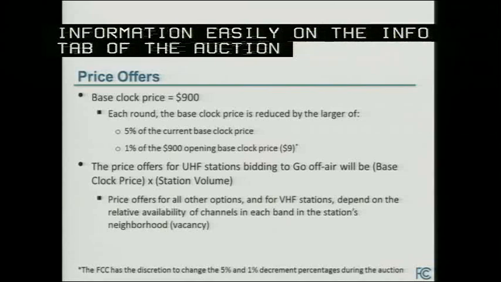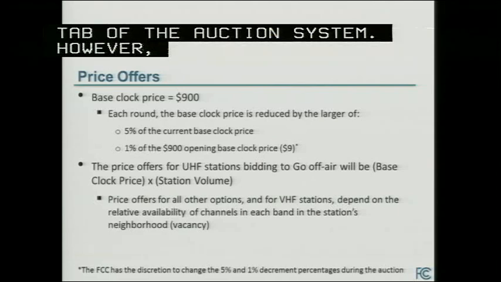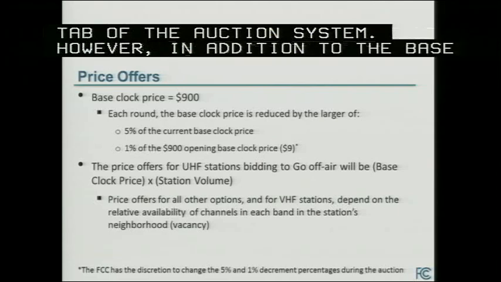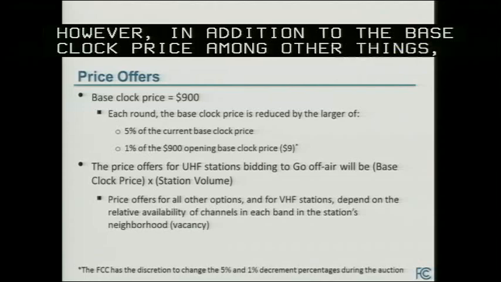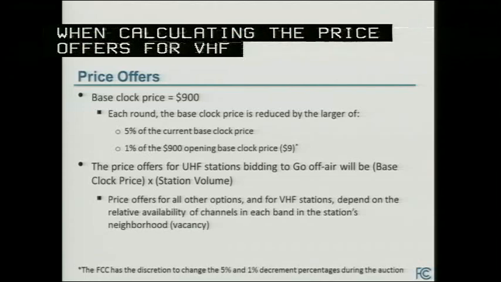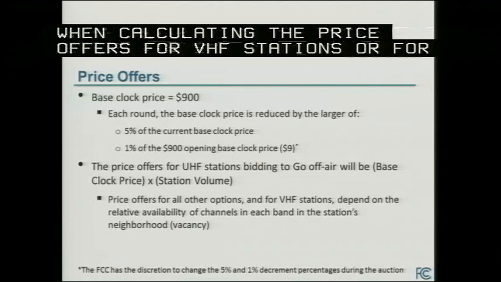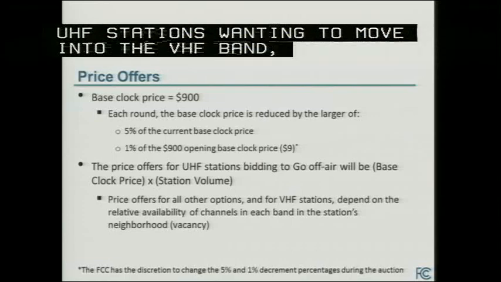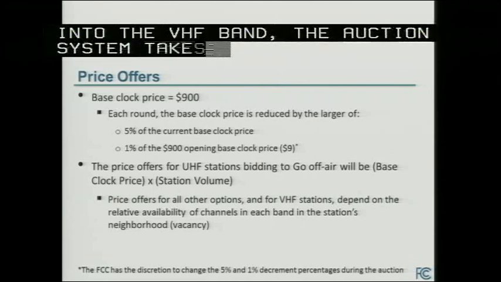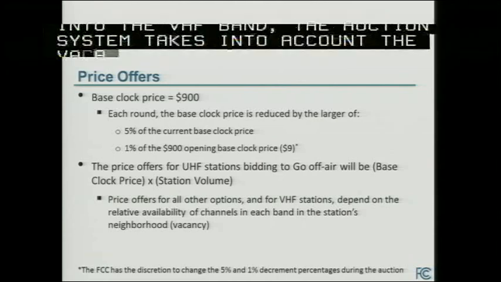However, in addition to the base clock price, among other things, when calculating the price offers for VHF stations or for UHF stations wanting to move into the VHF bands, the auction system takes into account the vacancy of the VHF band. Why? Ideally, the auction system would like to utilize all of the bands.